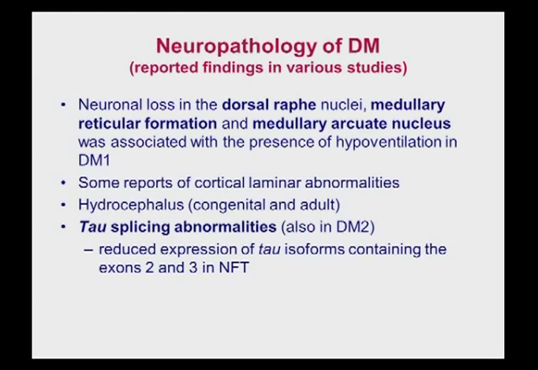But anyway, this was a group in Japan. And the point that they made was that there were 3 patients with myotonic dystrophy out of 8 who had hypoventilation. So that's another problem that they can get. In addition to hypersomnia, they can sometimes have problems with hypoventilation. That's thought to be a central hypoventilation. And there were 3 nuclei that they looked at, and they claimed that they saw decreased numbers of neurons.